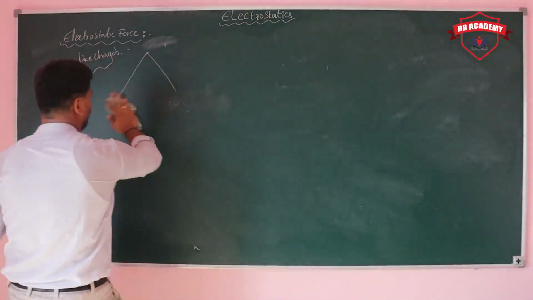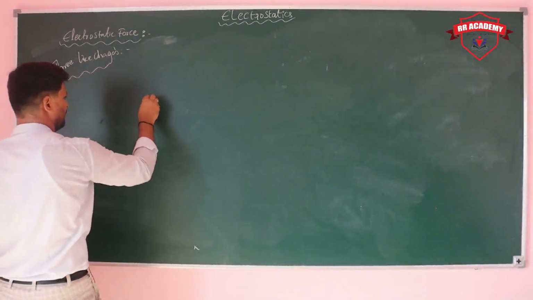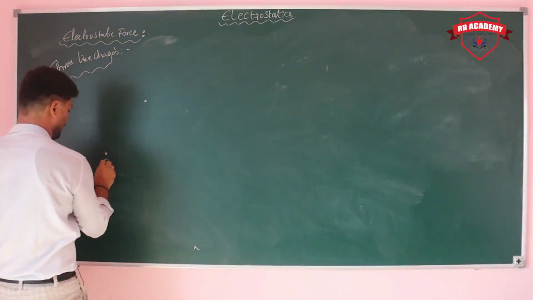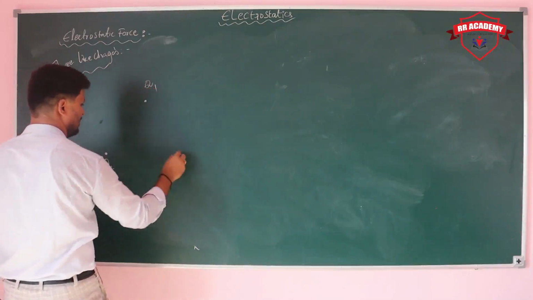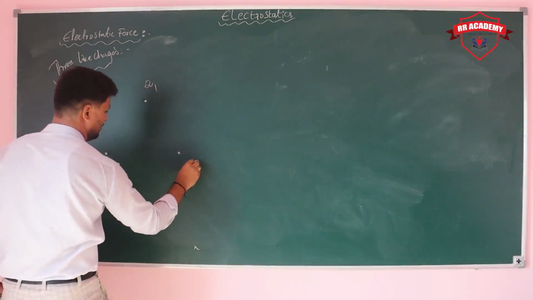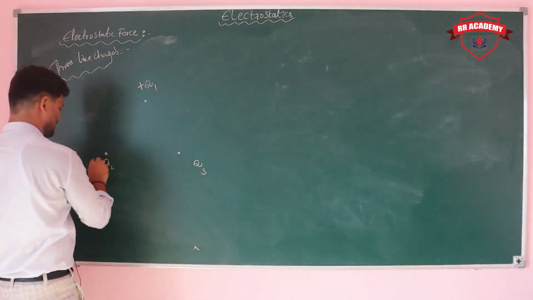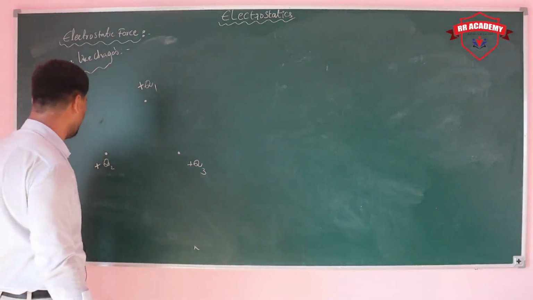So then what is happening here? Three charges, Q1, Q2 and Q3. Then how are the forces acting? For example, these are like charges, either positive or negative. Now what is the force direction between 1 and 2?